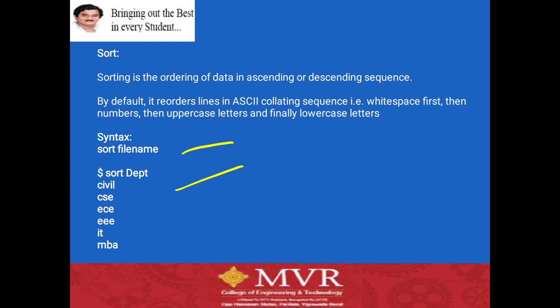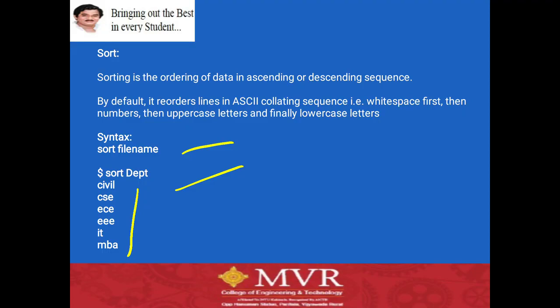Here I have taken an example which contains only lowercase letters, and even so, they will be sorted in alphabetical order. There are several department names available. Since C comes first alphabetically, all the departments starting with C are displayed first, those are civil and CSE.